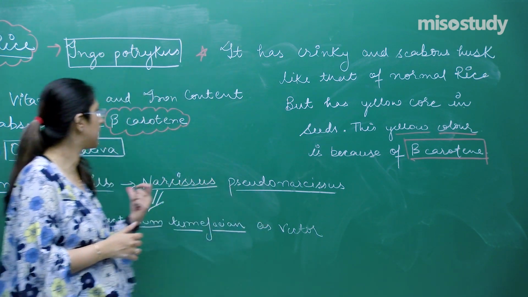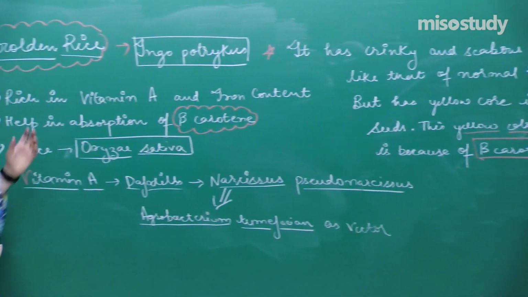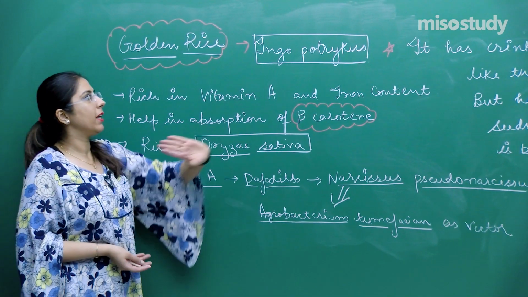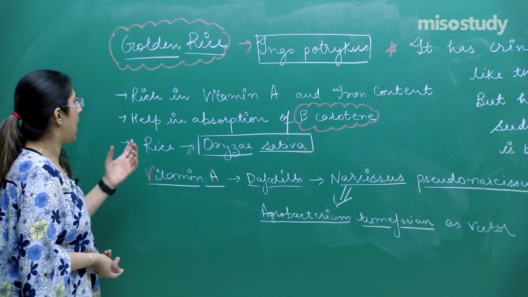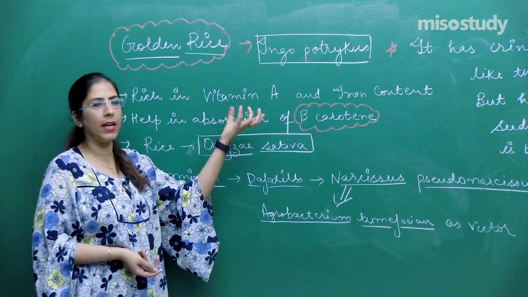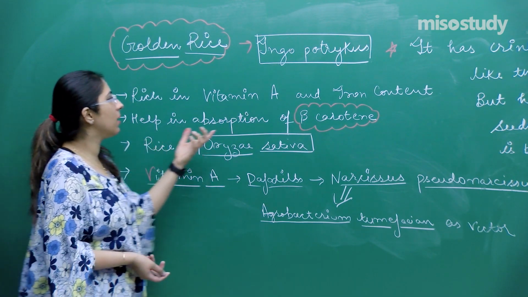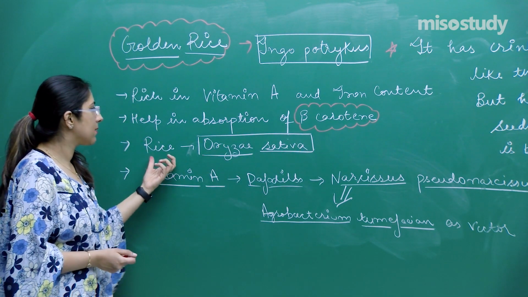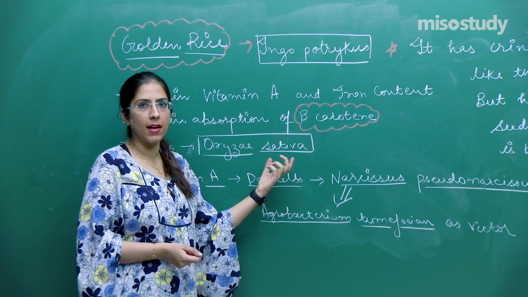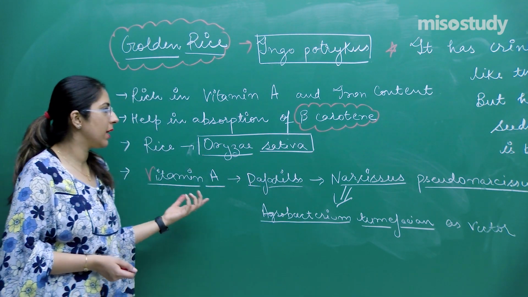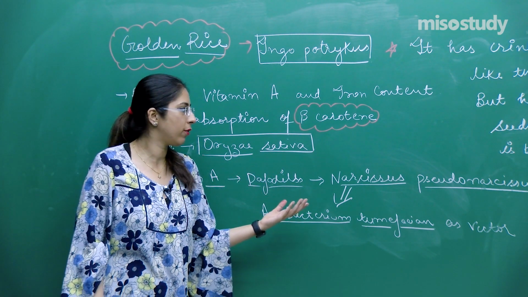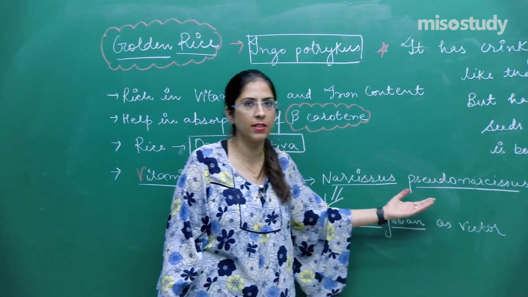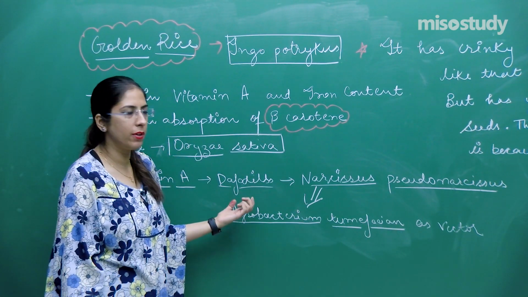So students, come at this side again. Golden rice was discovered by Ingo Potrykus, right? And this is rich in vitamin A, and the iron content helps in absorption of the beta carotene, which is very important. Normally rice is called Oryza sativa, right? Vitamin A was taken from Narcissus pseudonarcissus, the daffodil, right?